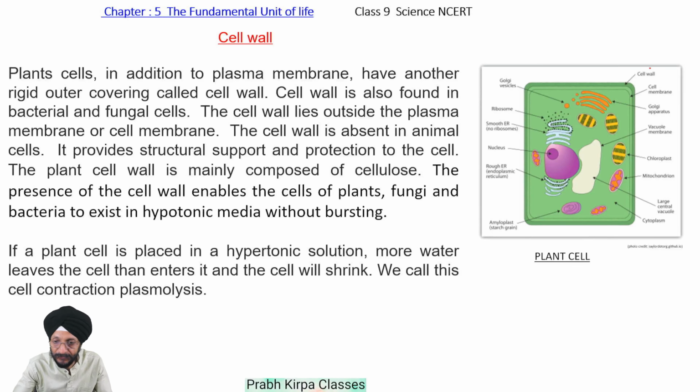You can see here in this picture, this is the cell wall, the outer covering, and this is the cell membrane, the internal covering. And this is the large vacuole. Only one vacuole is found in plant cells, while in animal cells there may not be any vacuole, or if found they may be more than one.